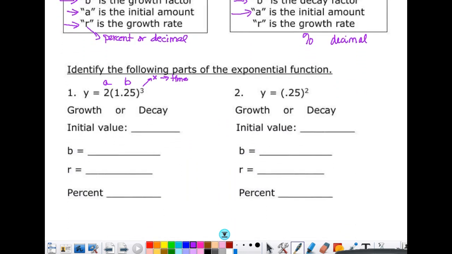Alrighty? Okay, so first of all, is this growth or decay? You look at the B value. And if the B value is bigger than 1, B is bigger than 1, then you know it's growth. Think about it. If you multiply something by 1, it stays the same, right?